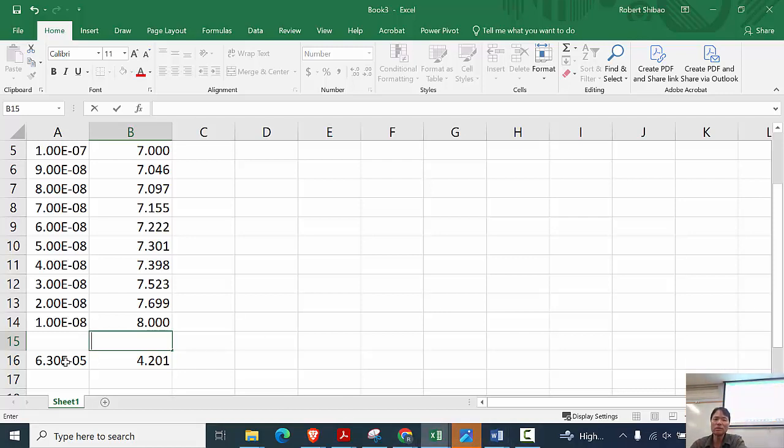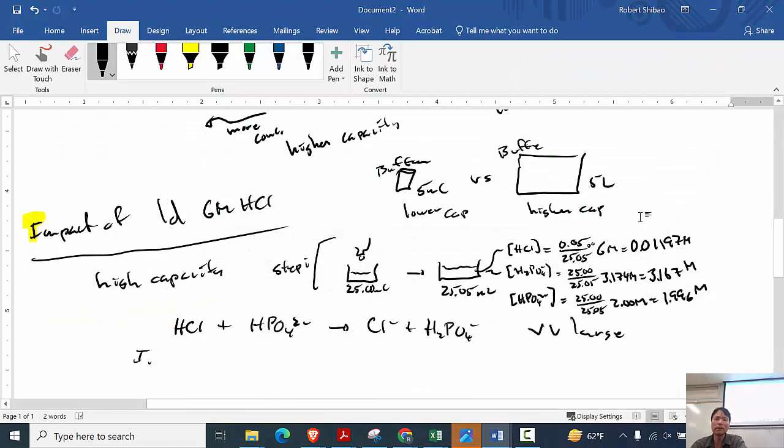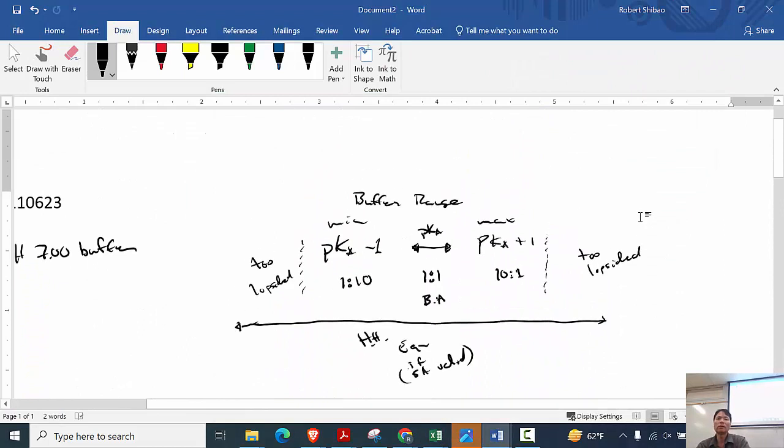If I tried to use this acid for my buffer, how far off would I be? Well, if we go back here, I need to go not +1, not +2, I need to go +3. So how lopsided is this buffer?